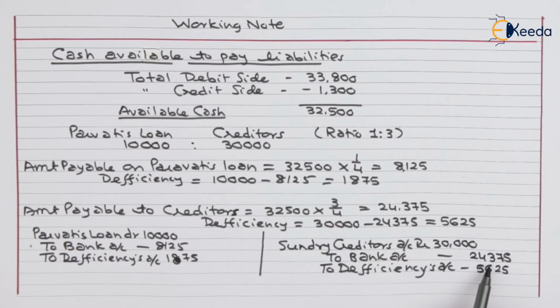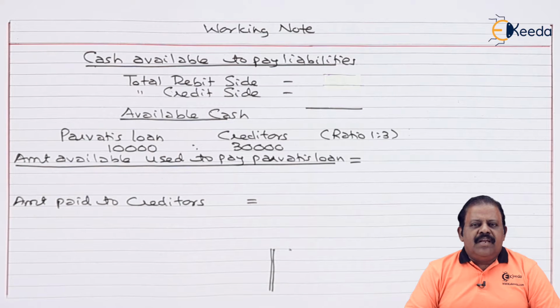To bank 24,375 for amount paid. To deficiencies account 5,625, amount remaining unpaid. We are required to find out the available cash balance so that we can pay the liability of Parvati's loan and creditors.